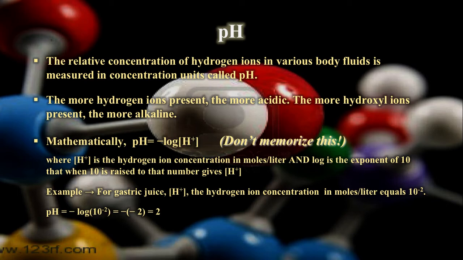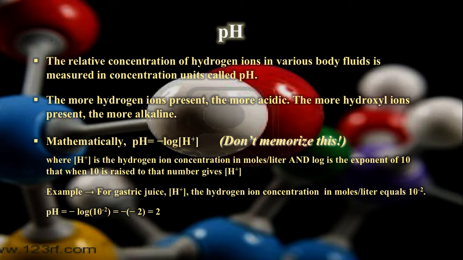Okay? So, the pH is equal to the negative log of the hydrogen ion concentration. And a log value is looking for what the exponent is when we have a base 10. So, for example, in gastric juice, hydrochloric acid, the hydrogen ion concentration in moles per liter is equal to 10 to the negative 2. So that's going to be 0.01, right?